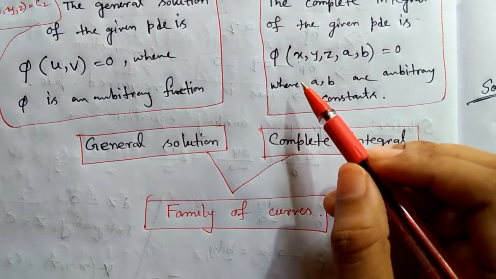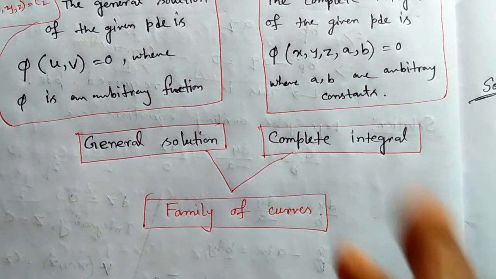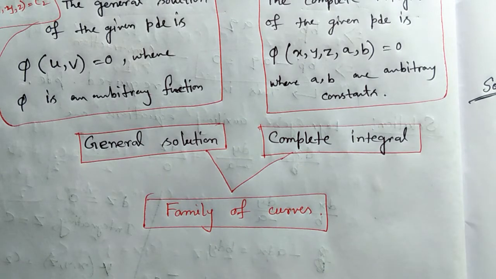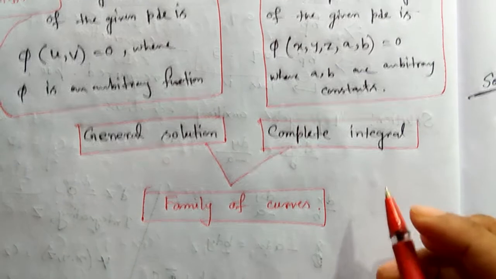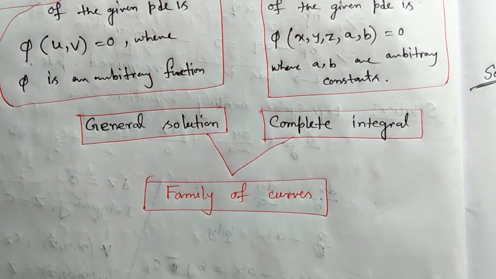So this represents a family of curves. Now there is a nice thing: there may exist another curve, a single curve, which touches each member of this family.